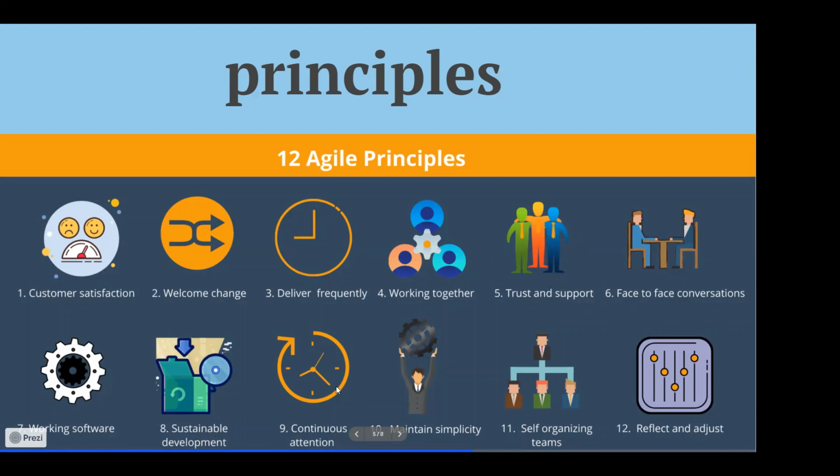Continuous attention to technical excellence. It is very important, maintaining simplicity. Next, the 11th principle is self-organizing team. And the last thing is reflect and adjust. At regular intervals, the team reflects on how to become more effective and then tunes and adjusts its behavior accordingly.